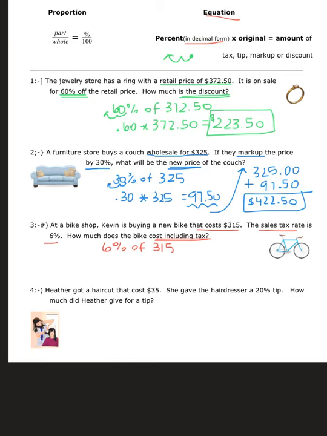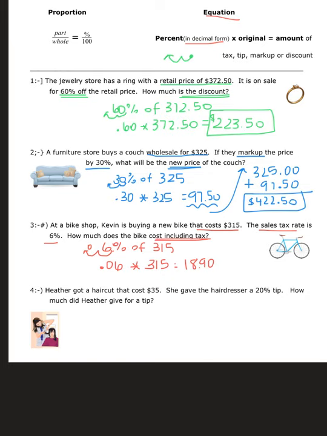Now here's where some make the mistake and assume that the decimal always just goes at the beginning of the percent, but no, it's move your decimal, which is right there at the end, 2 places to the left, so you're going to have to fill in a 0 there. So 0.06 times 315 is going to give you $18.90.